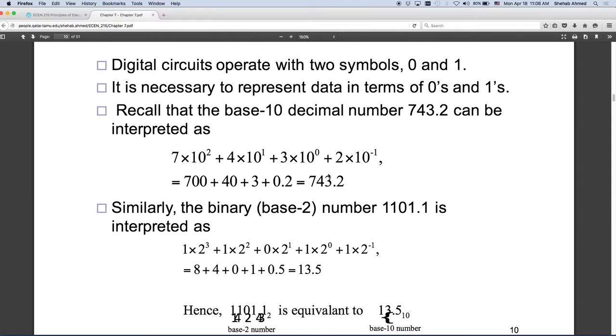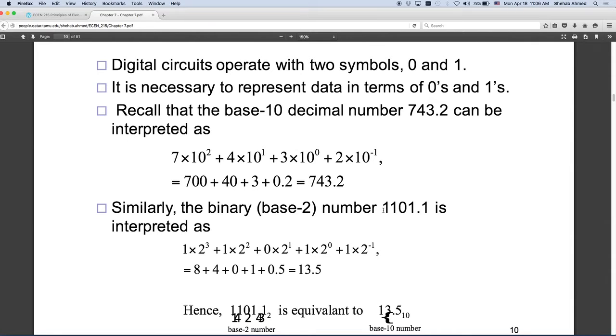On a base 2 system, I can take my number, for example. So instead of multiplying by 10 to the minus 1, I would multiply by 2 to the minus 1. And then I would take the coefficient here, and then add it to 2 to the 0, then 2 to the 1. So that's sort of the base 2 type system.